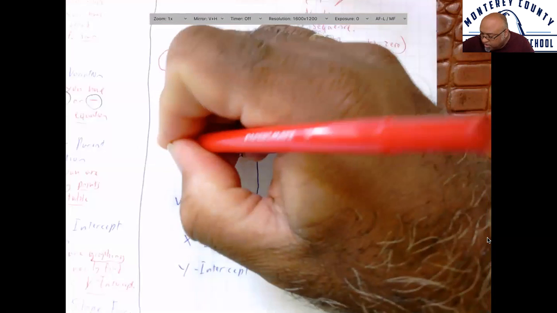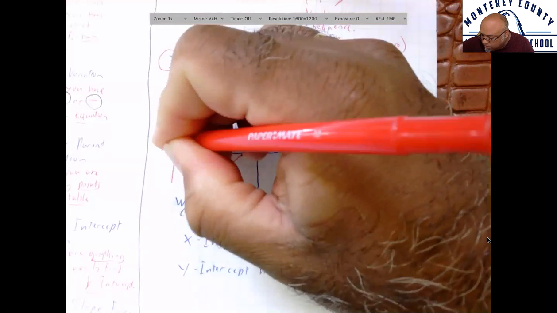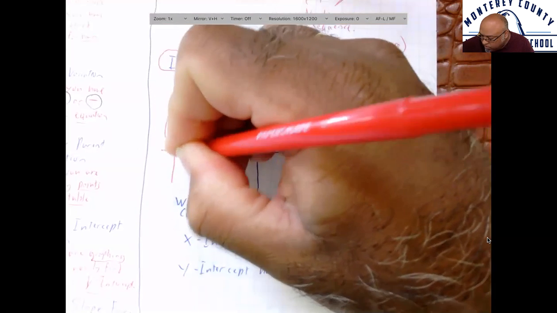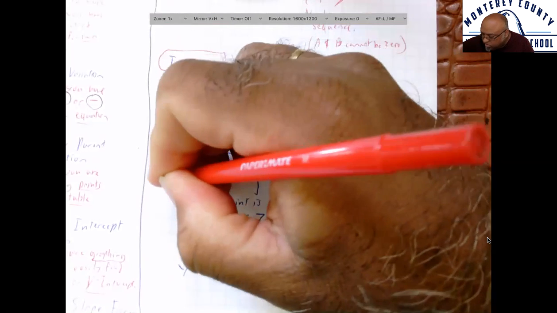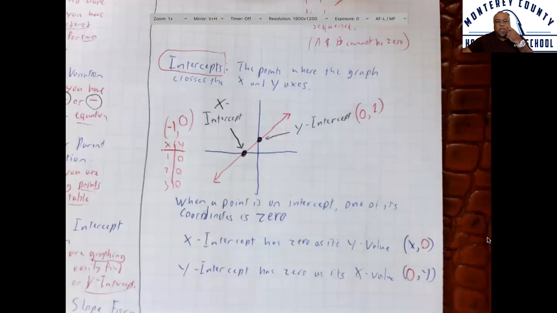If I were to make a table of values, then I literally could just put in 0 for all of my y values.